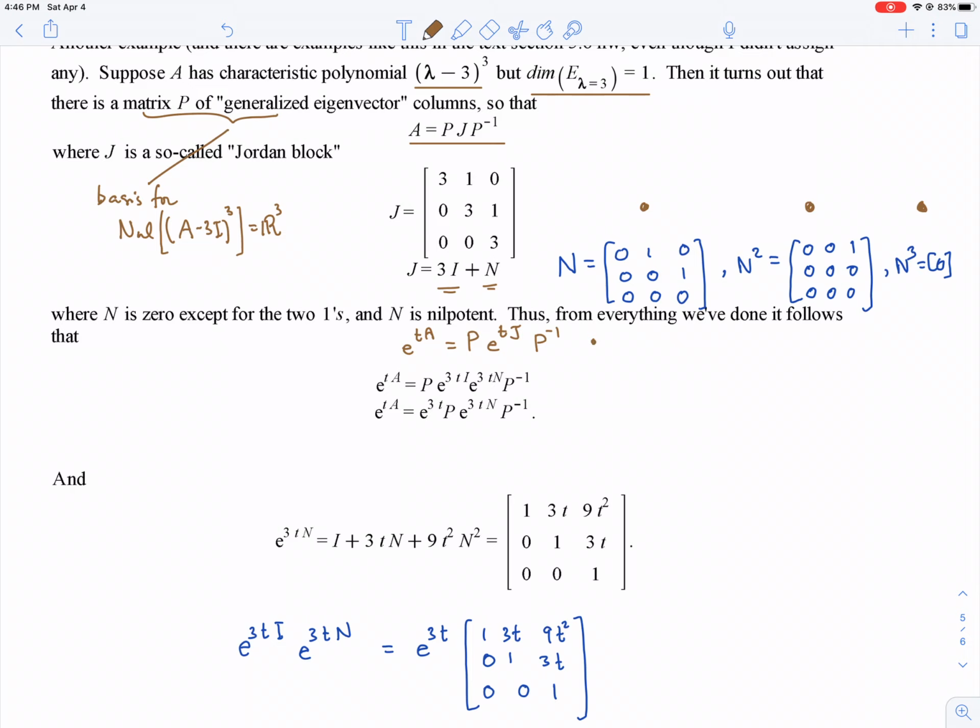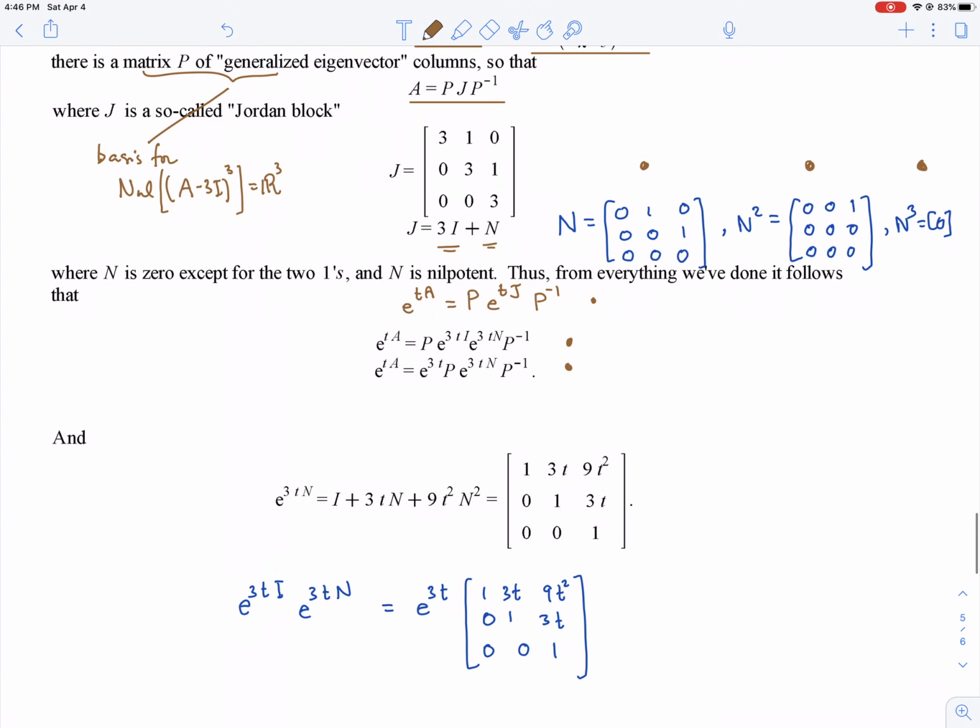And then since J decomposes into the sum of two commuting matrices, we can replace e to the tJ with e to the 3t times the identity times e to the tN. E to the 3t times the identity matrix is just e to the 3t times the identity matrix, like in the example. And so we get this final identity.